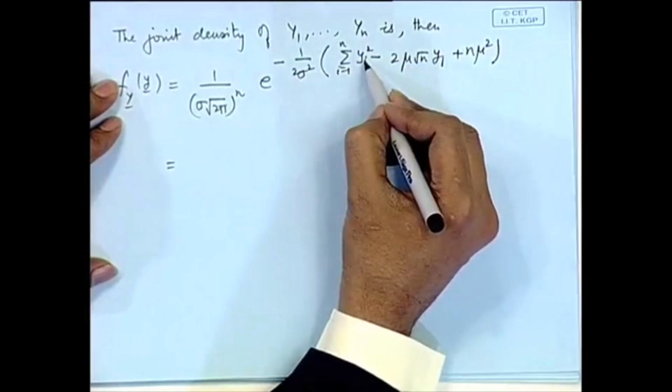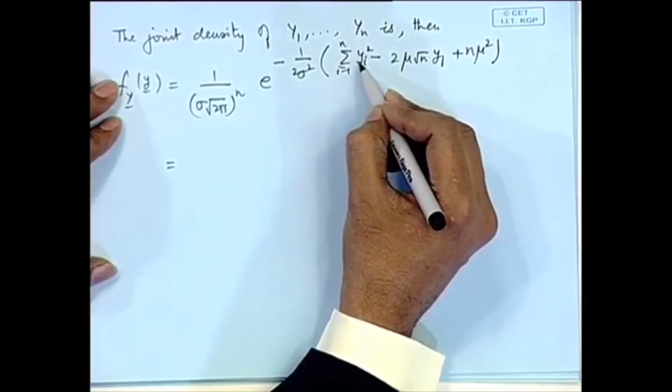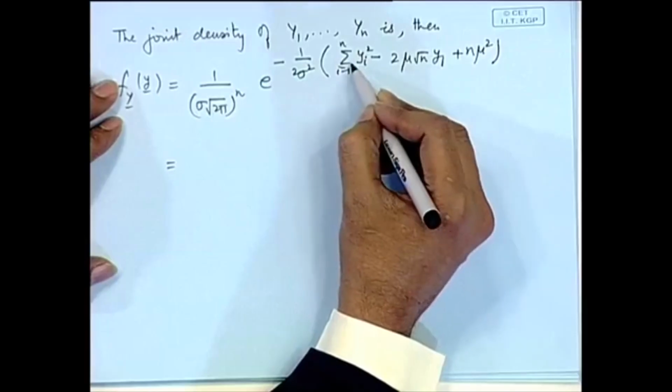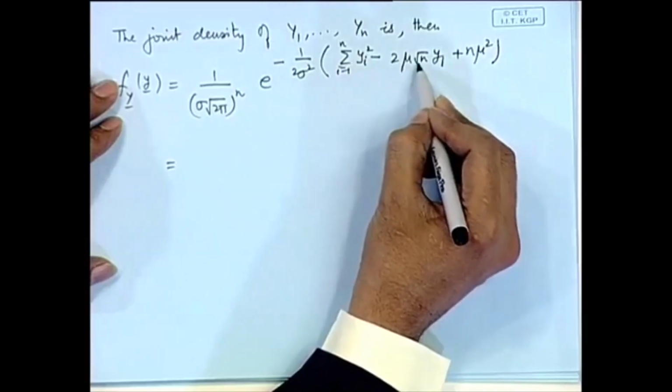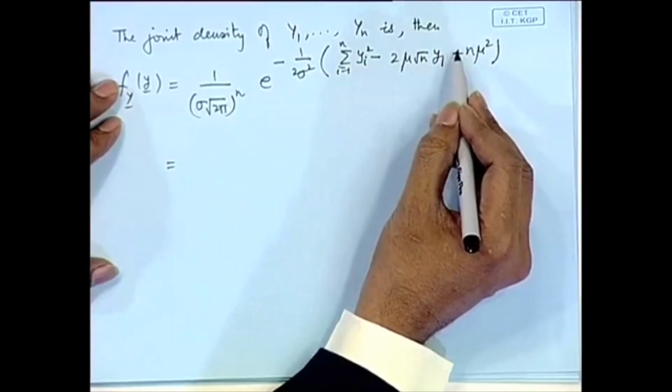Now, in this particular exponent, if I consider this sigma y_i square, I write this as y_1 square plus sigma y_i square from 2 to n. Now, this y_1 square minus 2 mu root n y_1 plus n mu square becomes a perfect square.